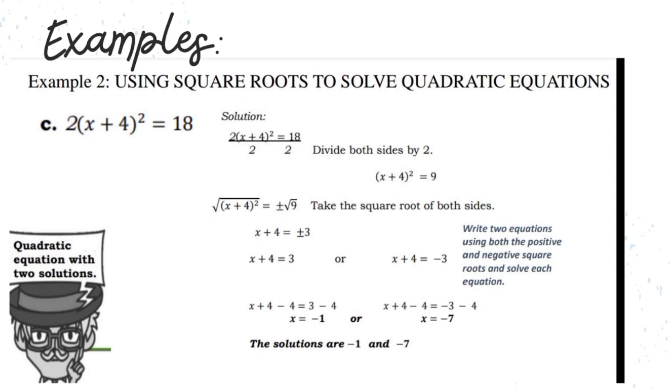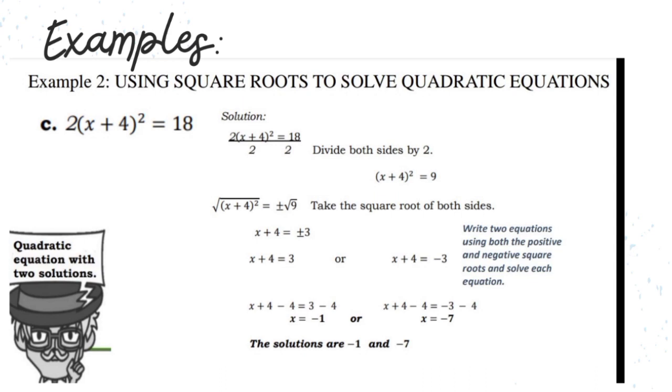For x sub 1, x plus 4 equals 3. Since x has its companion, which is 4, we're going to transpose it to the other side. So the only remaining will be x. X equals 3 minus 4, so x equals negative 1, which is the value for x sub 1. And for x sub 2, x plus 4 equals negative 3.